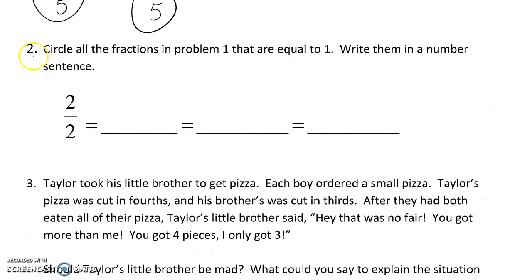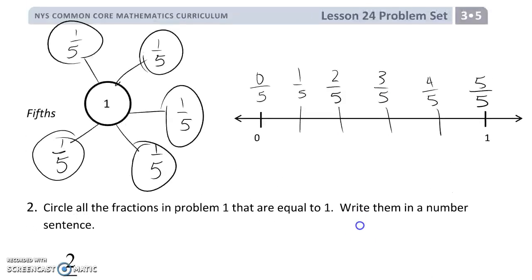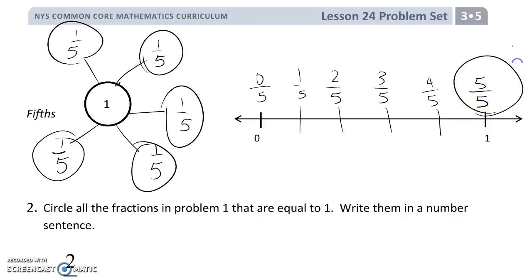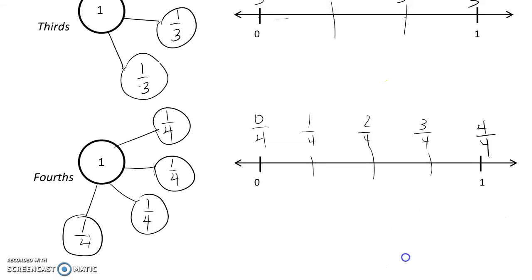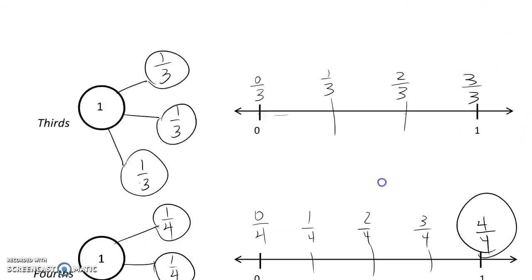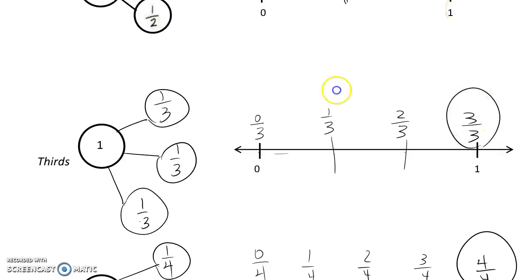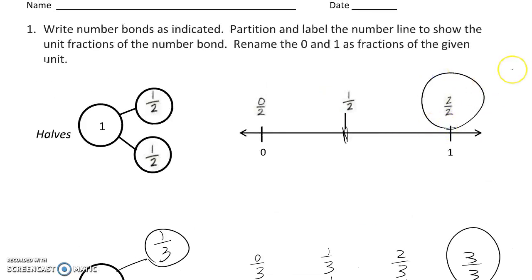Okay, so number 2 says circle all the fractions in problem 1 that are equal to 1. Write them in a number sentence. So let's go back. Here's this one, equal to 1. And our fourths, thirds, and halves.